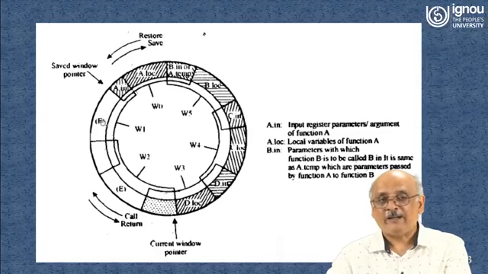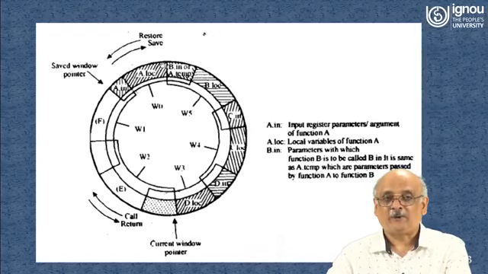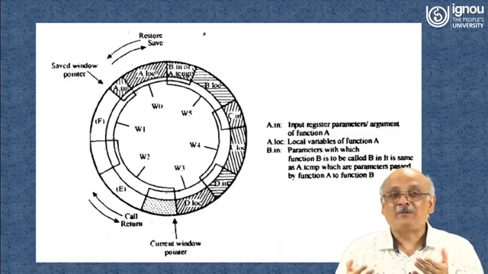Now if F is to be called, the A in as well as a local variable need to be stored into the memory, right? And then only F will start to execute. So it will require some time for execution in that particular sense. But that is how it works, right?